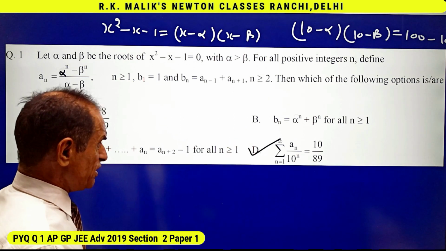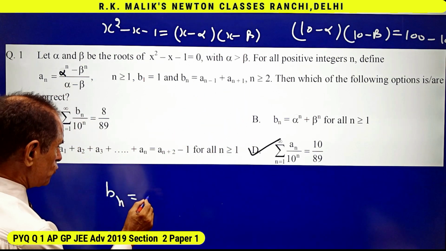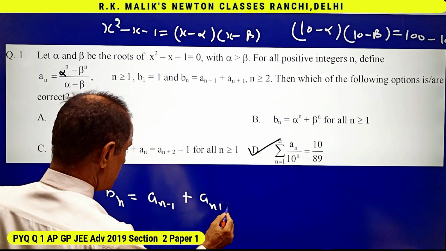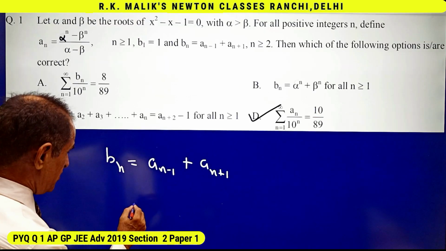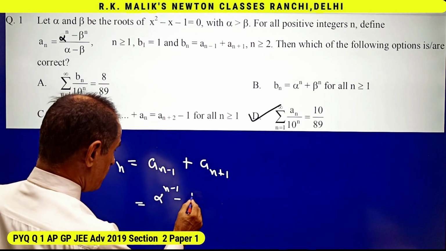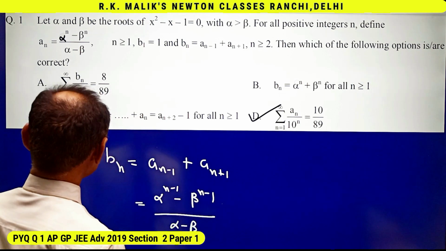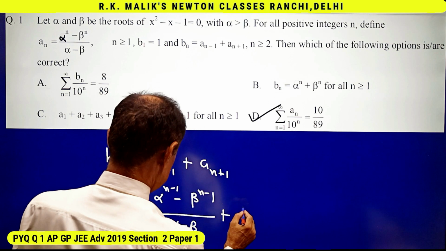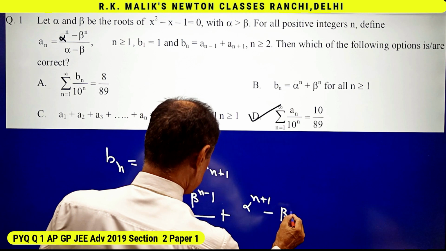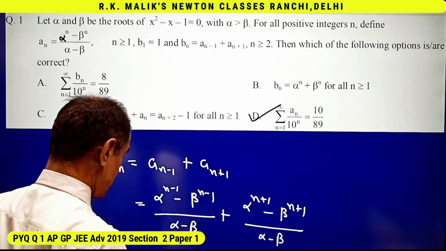So I check B. According to definition, b_n is equal to a_(n-1) plus a_(n+1). This is equal to alpha to the power n minus 1 minus beta to the power n minus 1 upon alpha minus beta plus alpha to the power n plus 1 minus beta to the power n plus 1 upon alpha minus beta.